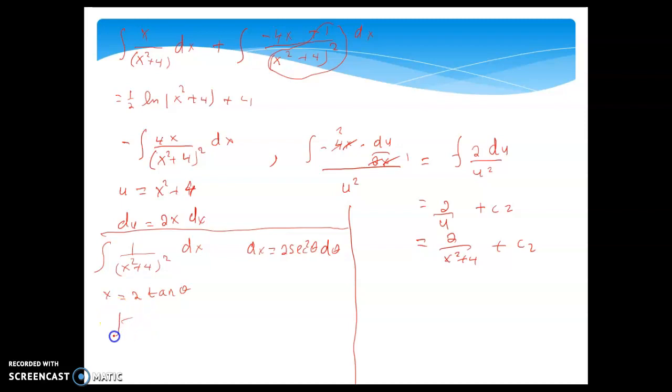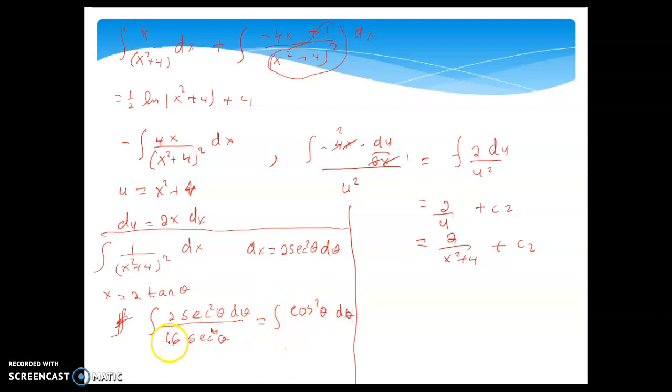So then we use the substitution. We have the integral of 2 secant squared theta d theta over 16 secant to the power 4 theta, and that should be equal to some sort of cosine squared theta d theta, divided by 8.